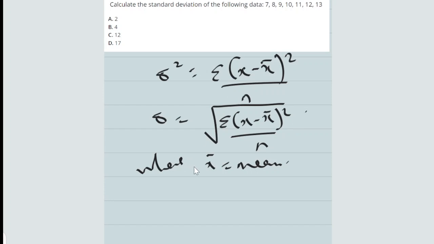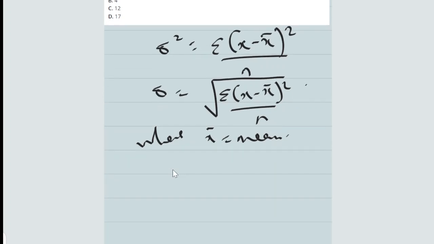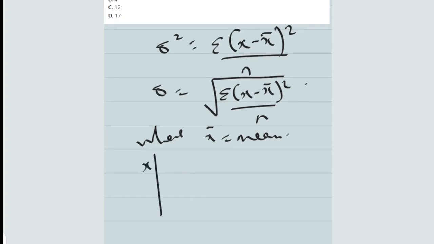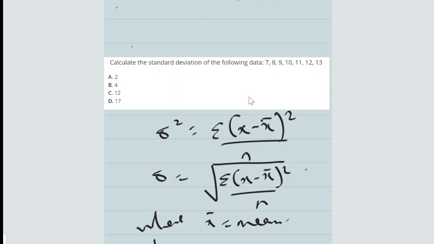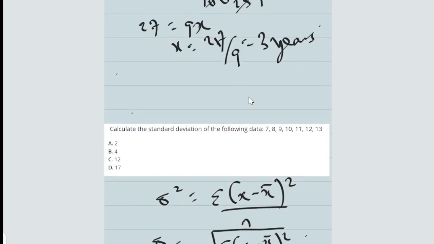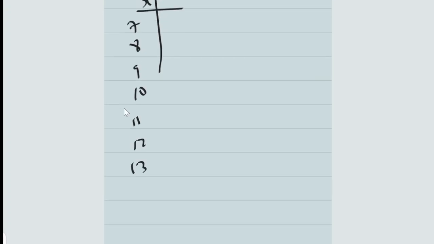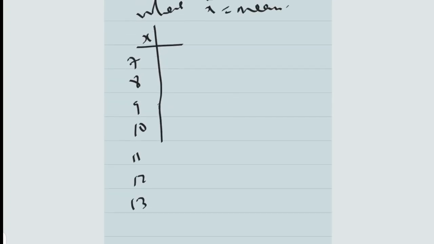Okay, if I were you, I can draw it as a table. I have my x here: 7, 8, 9, 10, 11, 12. I think 13 is there. Yeah, 13. So if I were you, let us find the mean first.